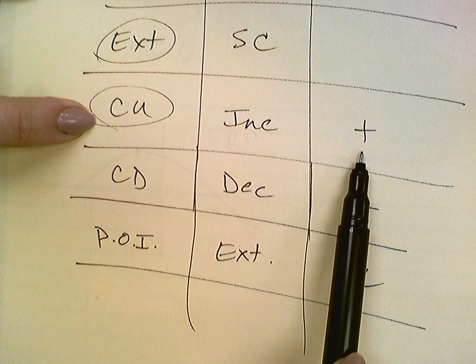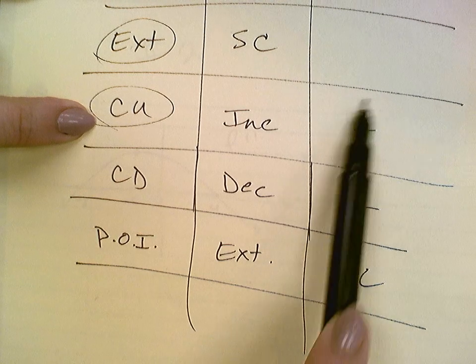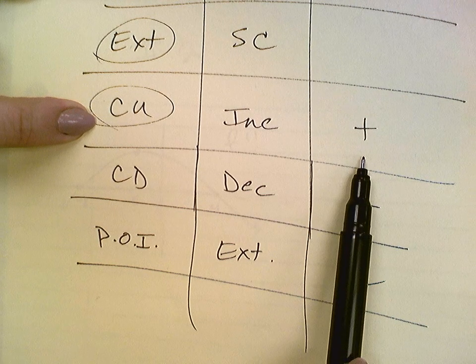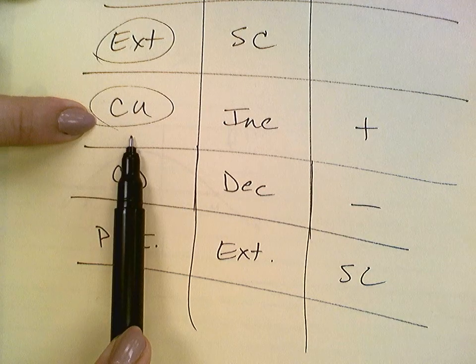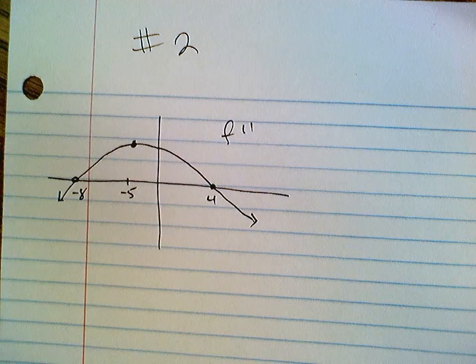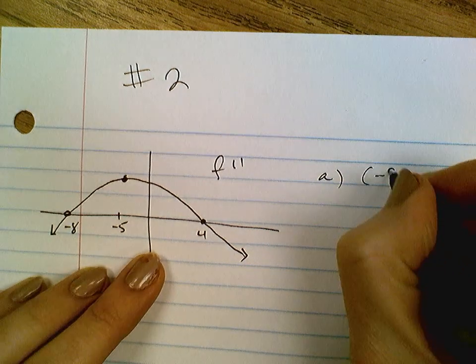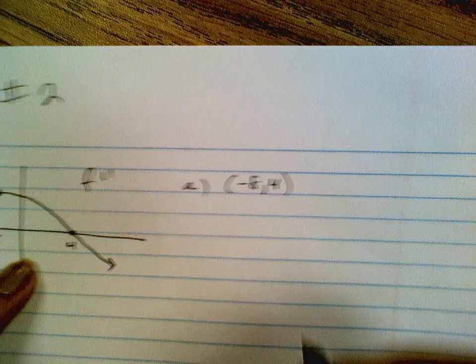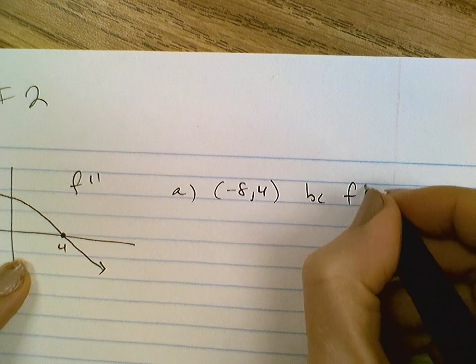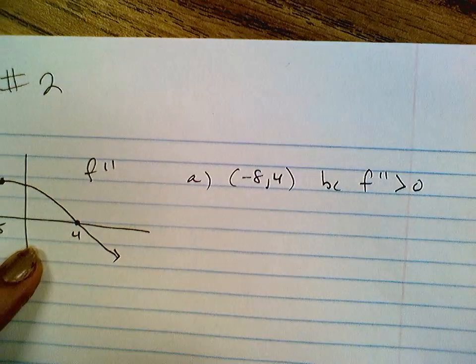So we're looking for where F double prime is positive. If F double prime is positive, then F is concave up. So part A, from -8 to 4, and then you say because F double prime is greater than 0.